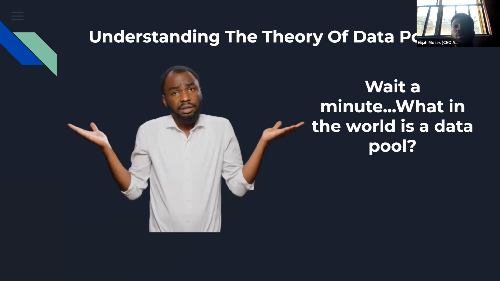Just like you have in a swimming pool, or let's say in a stream or in an ocean that has 5 outlets, all the water comes into those 5 outlets down to feed one point. So when you hear the word data pool, it is a similar analogy, all right? Every single piece of information is going in to feed a platform. And it's similar across all social media platforms we use.